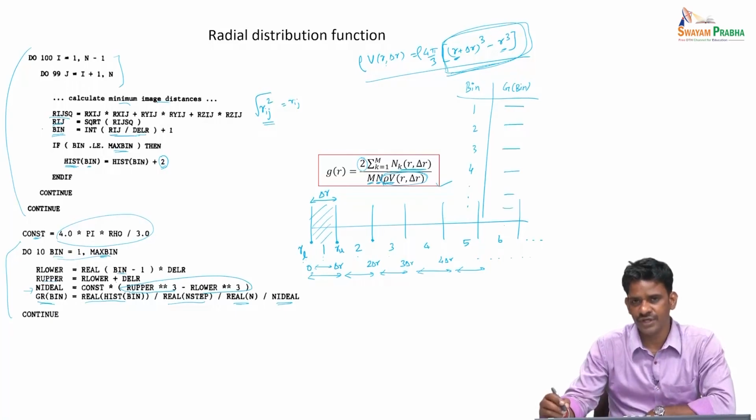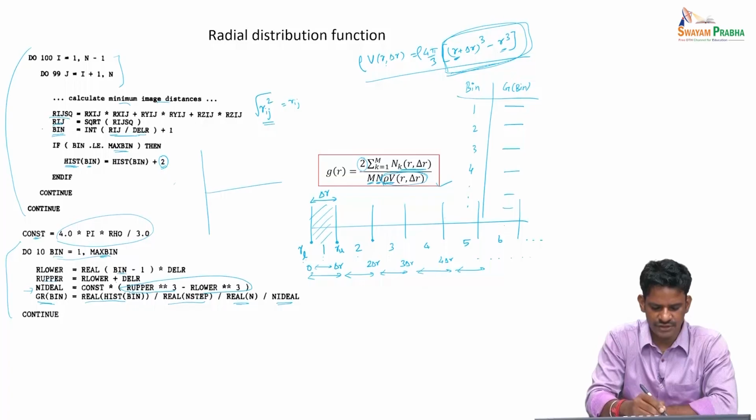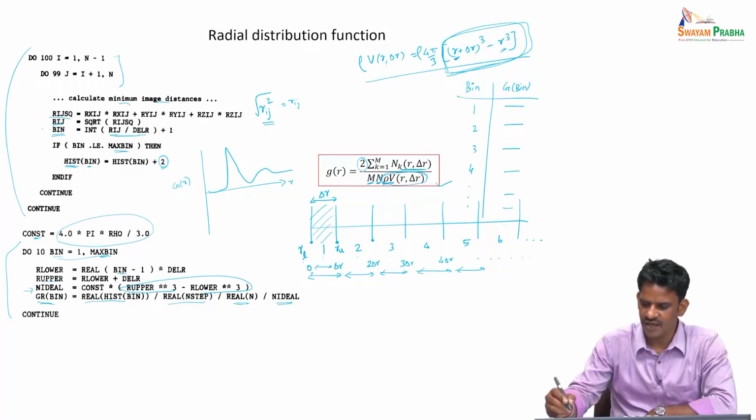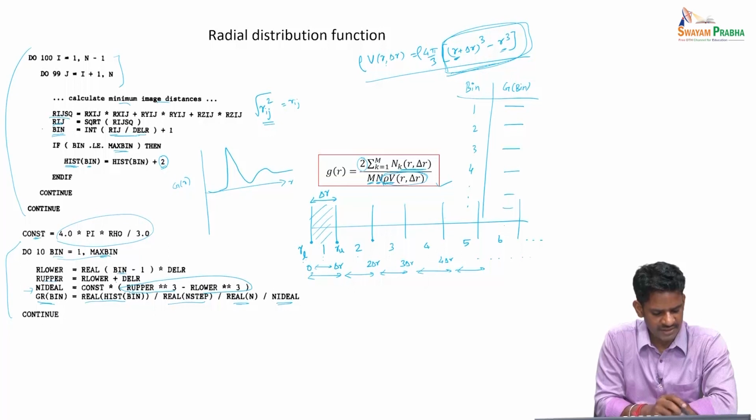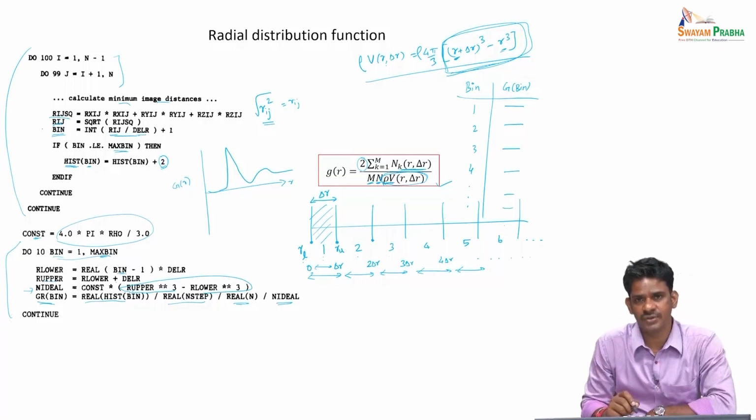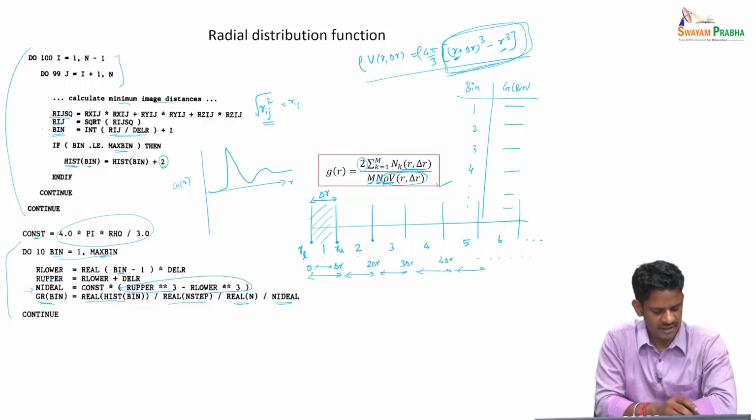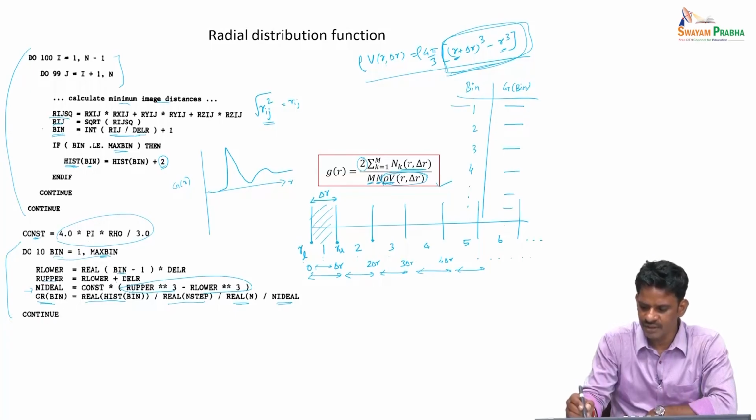But what we also need to do is plot g of r as a function of radius. So it goes something like this. Whereas we don't have r values, we have only the bin index. But if I know the bin index, I know what distance it should correspond to. So for each bin, we find r as r lower plus delta r by 2.